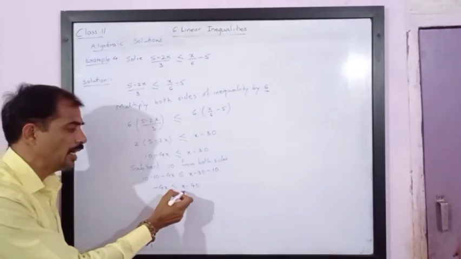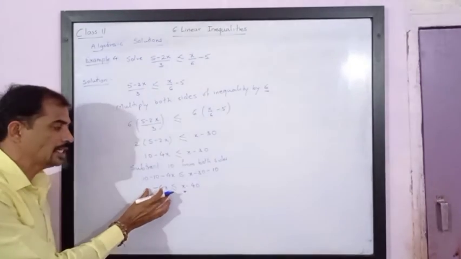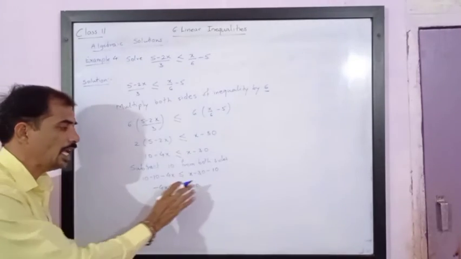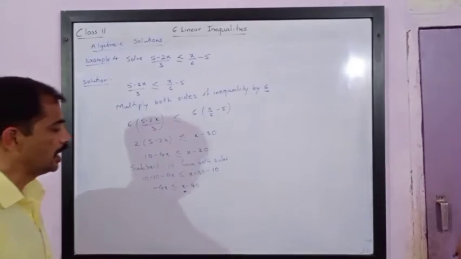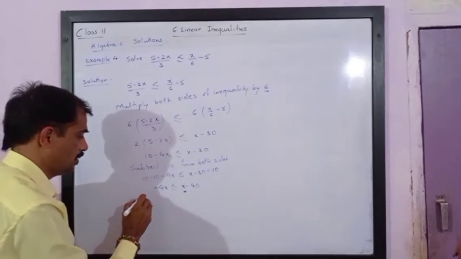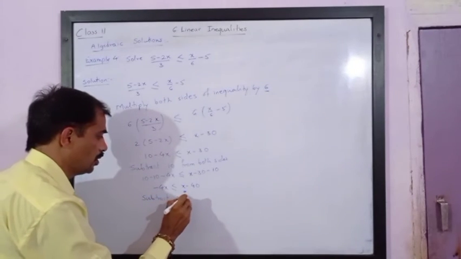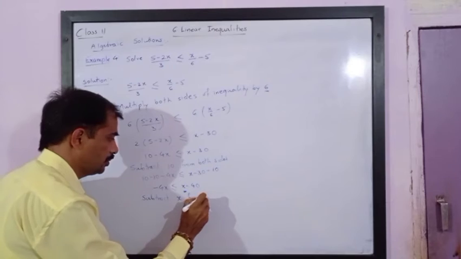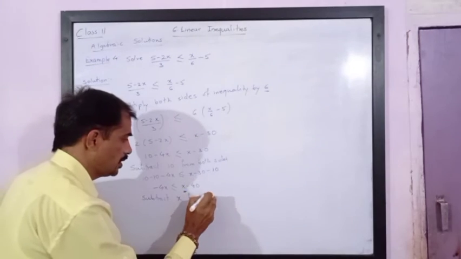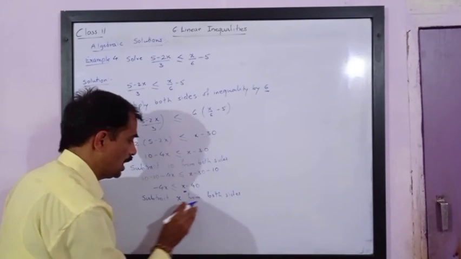Now we need to eliminate this x. We are keeping the x term on the left hand side and the constant on the right hand side. So to eliminate x, we subtract x from both sides. x is a real number.